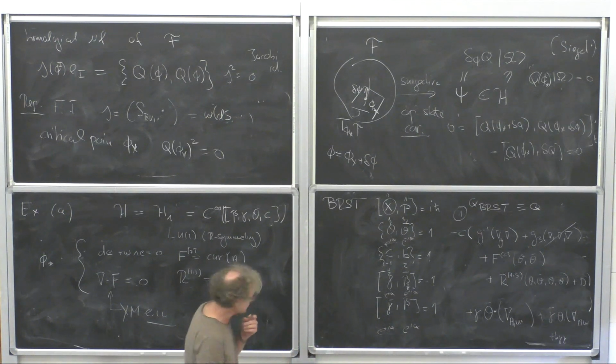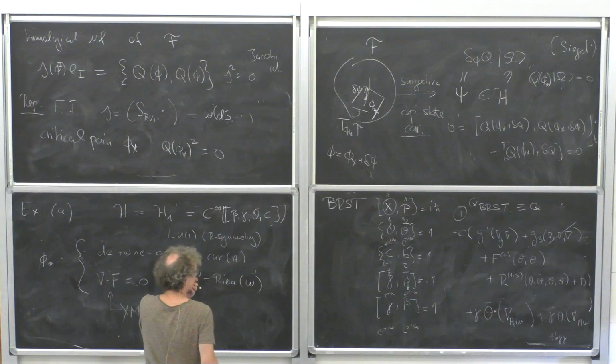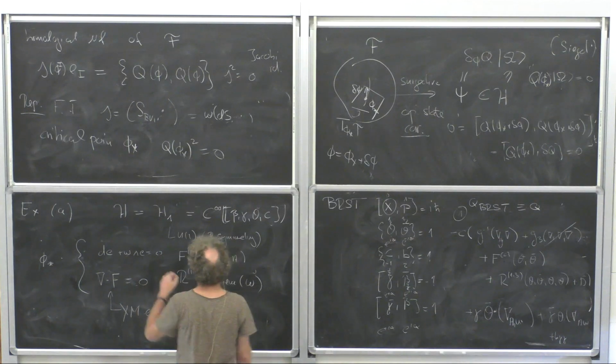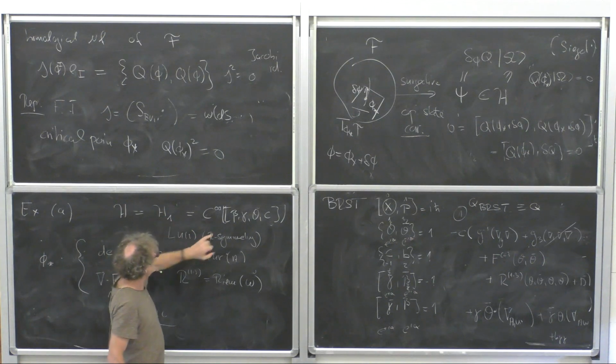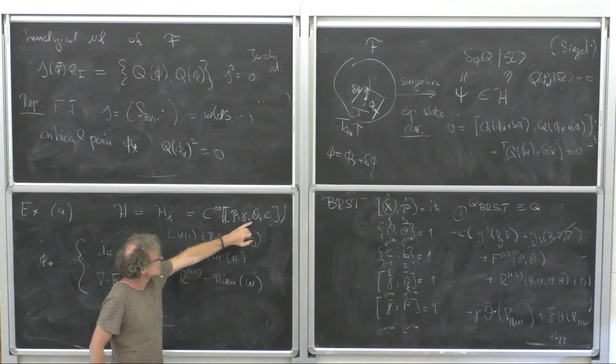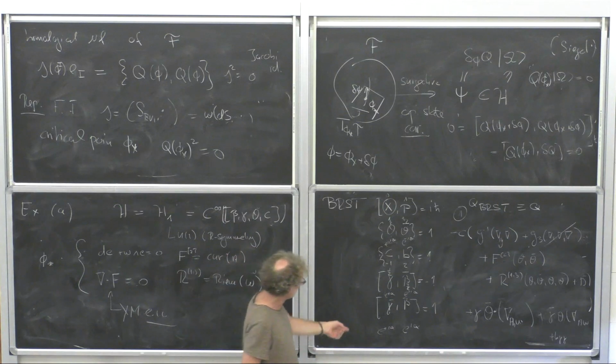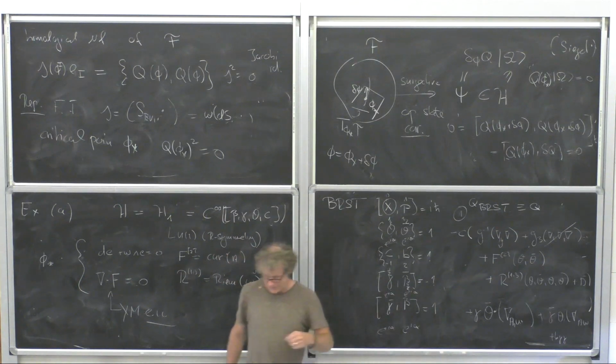I just would like to mention at this point that what I took this Hilbert space to be polynomials in beta and gamma, but this Weil algebra has another representation.